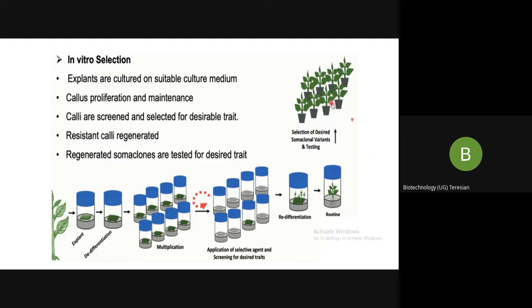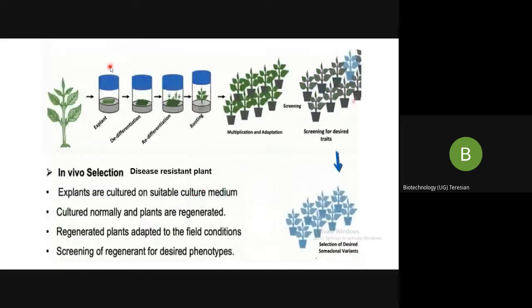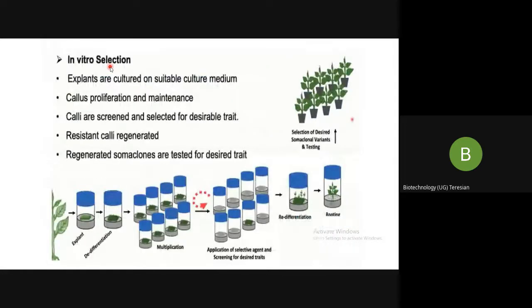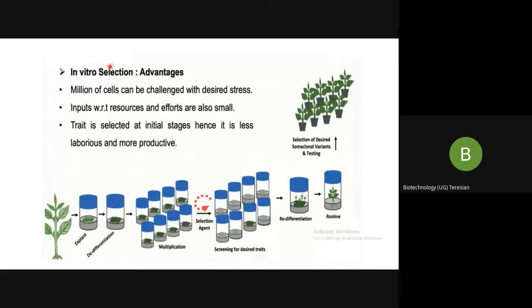And again, I'll do a screening test in the field to be 100% sure that I have not gone wrong. So when you compare in vivo and in vitro selection, in vitro is more favorable, right? Less effort, less labor, less time consuming, right? So you have to remember these two very important methods, in vivo selection and in vitro selection, from the point of view of examination also.